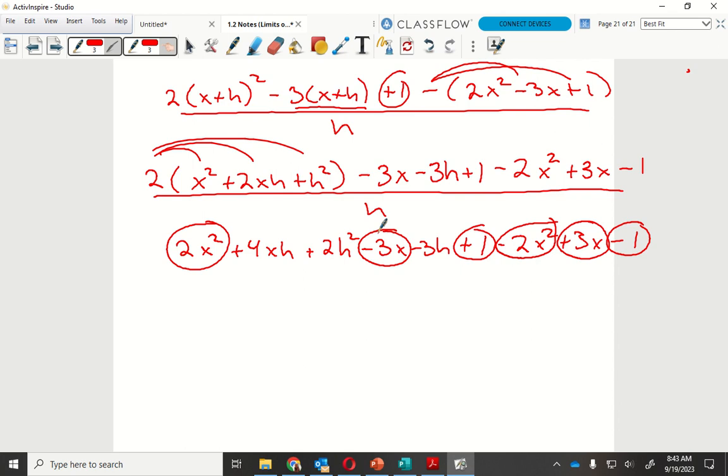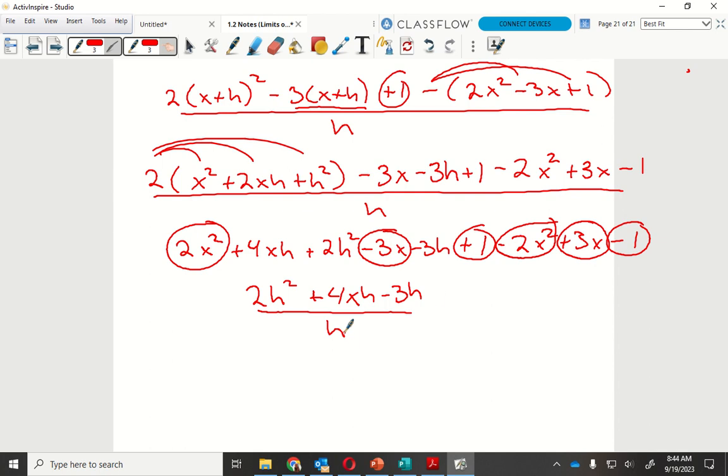Yes. So I just rewrite what I have left over, and I'm going to start with my highest degree. So that's going to be my 2h squared plus 4xh minus 3h all over h. Now you can factor out that h.